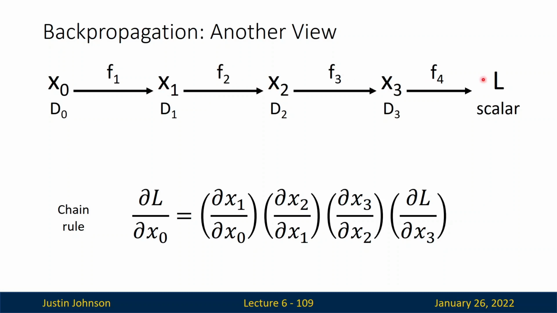And finally, we will get a scalar loss function. The backpropagation starts from this. We want to get its derivative for this variable, and the next, and the next, and go back. So the chain rule tells us dL/dx0 is dL/dx3 times dx3/dx2 times dx2/dx1 times dx1/dx0.